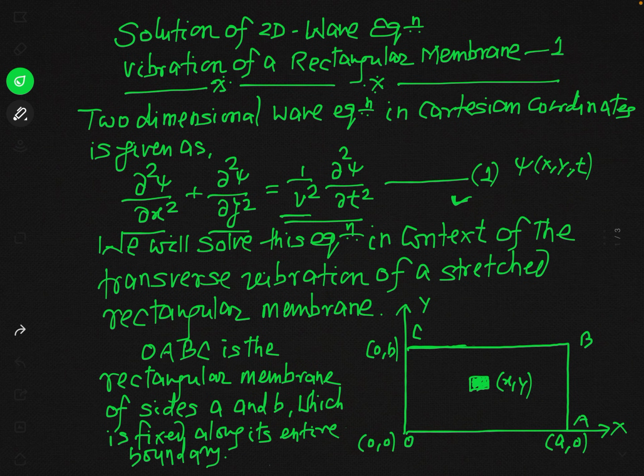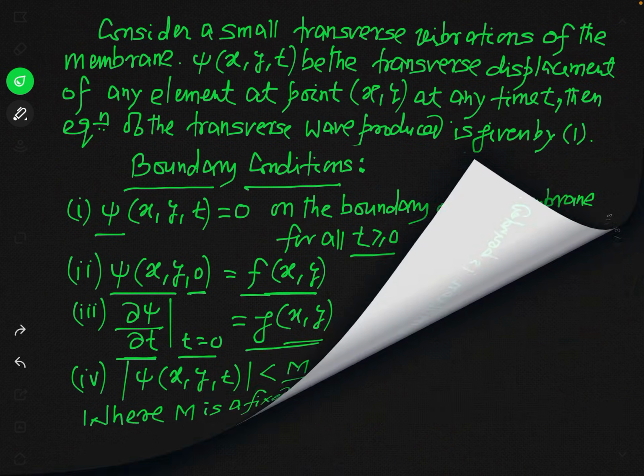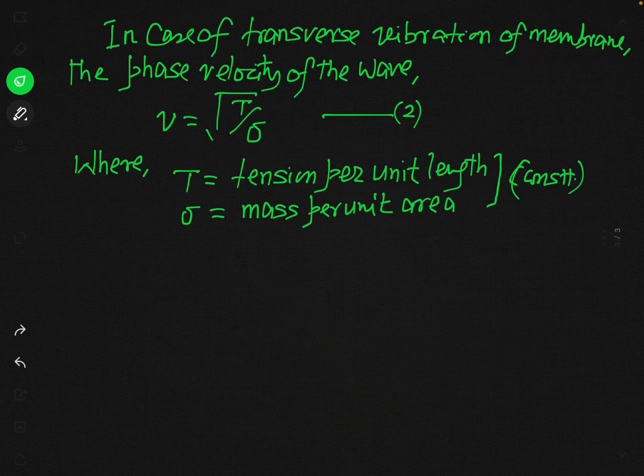As you know, in this wave equation, this v is the phase velocity of the wave. In the case of the stressed membrane, this phase velocity is equal to the square root of T over sigma. Here T represents the tension per unit length, that is, tension divided by length, and sigma is mass per unit area, or you may call it surface mass density.